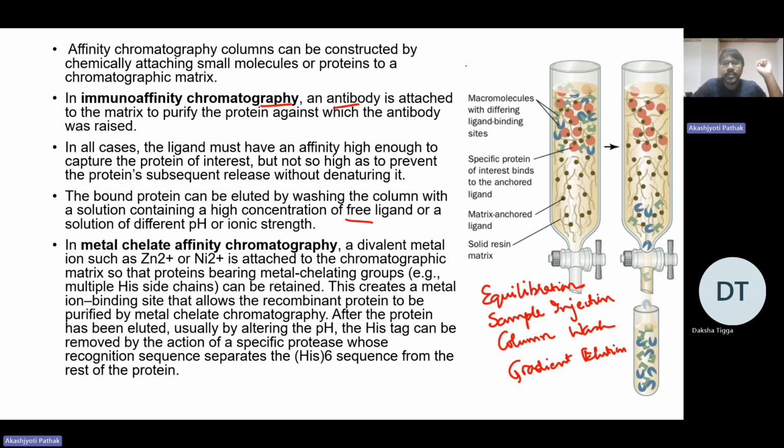When we learn about the GST column, you add the substrate of GST, glutathione, in increasing concentration. Then your GST-tagged protein will no longer remain bound to the immobilized glutathione. Rather, it will bind to the free reduced glutathione and will get eluted. Okay.